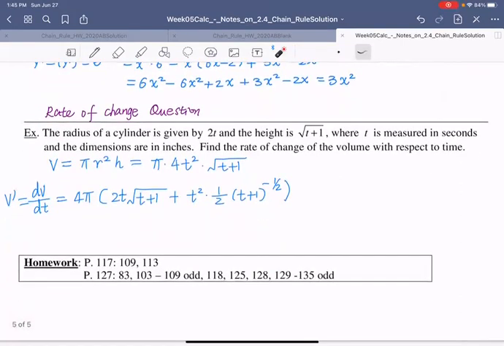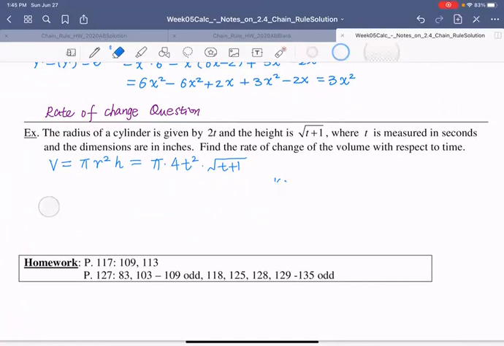Next one. This is something called a rate of change question, a typical rate of change question. Let's see here. I'm going to call a student to work with me together, okay? Is there any volunteer? No volunteer?